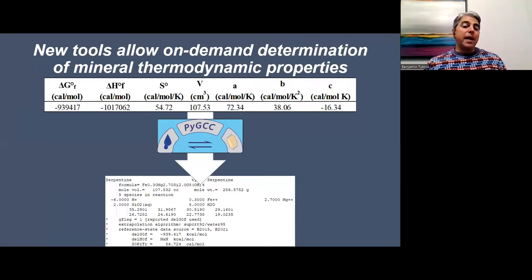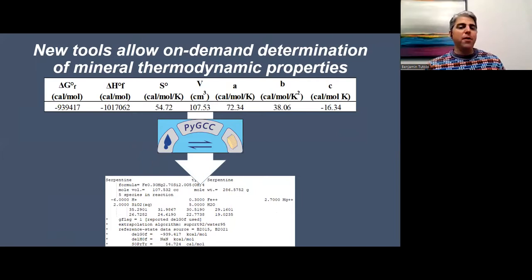Using that data, we can then plug that in again to PyGCC, a different module, which can then calculate the thermodynamic properties and the solubility constants for serpentine as a function of, for example, temperature and pressure, as shown here. So this is formatted for the Geochemist's Workbench software package, but PyGCC is an open source package that can be used to generate thermodynamic data and thermodynamic databases for many popular geochemical modeling software.